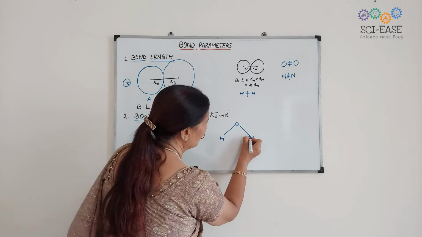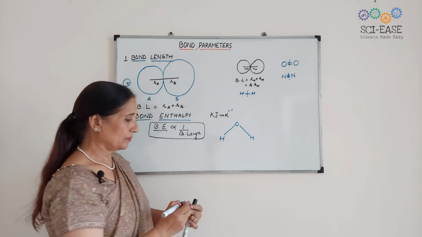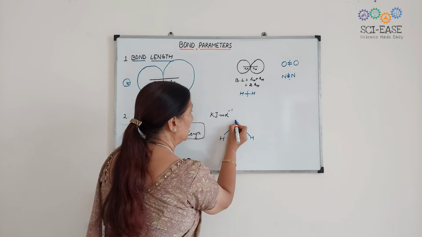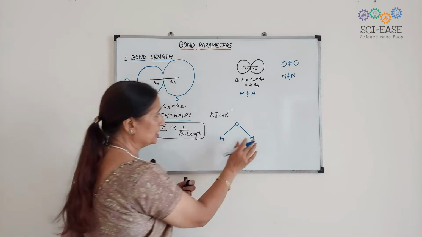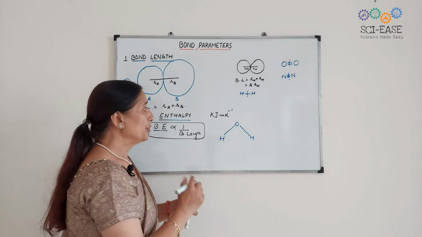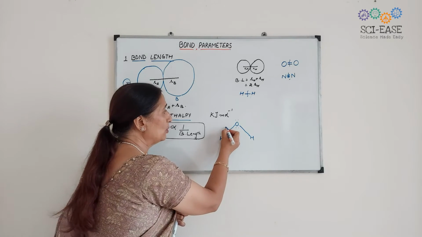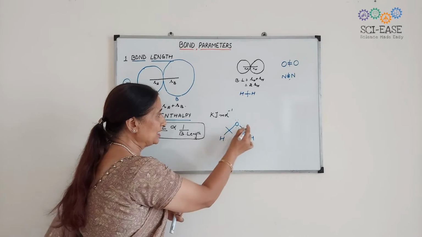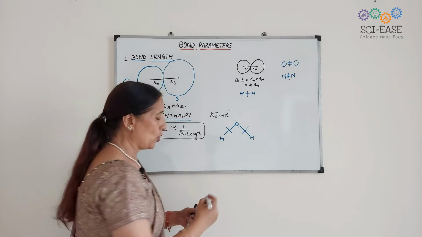These lengths should be equal. So what will you say after seeing this molecule? You will say that an equal amount of energy is required to break this O-H and this O-H bond.